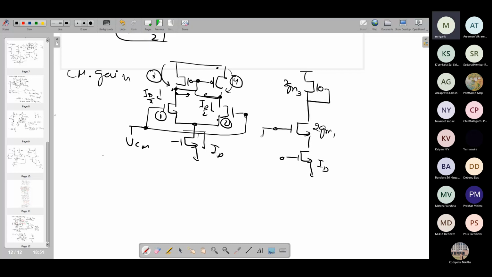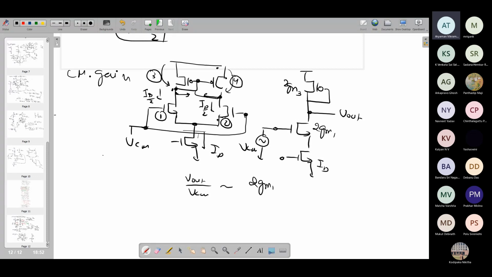And now I need to look at the common mode gain. The VCM is applied here, and your output is over here. So here, what is the Vout upon VCM? Yes, 2GM into RO of the current source MOS, like the lower one.